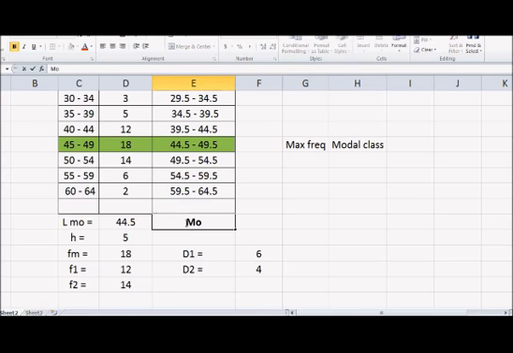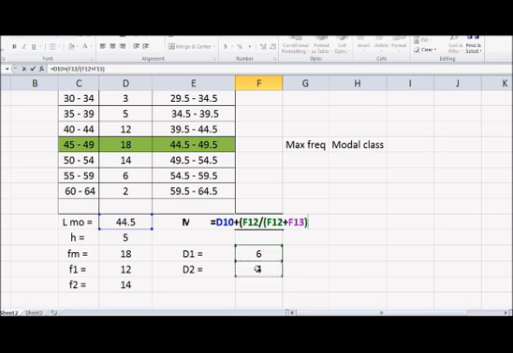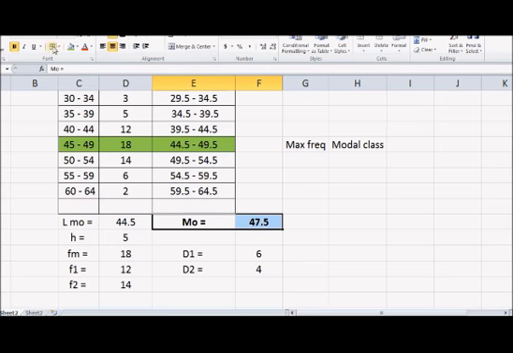So the mode is given by the lower value of the model class, plus delta 1 divided by delta 1 plus delta 2, and the whole thing multiplied by h, which is 5. So that gives me the mode, which in this case is 47.5.